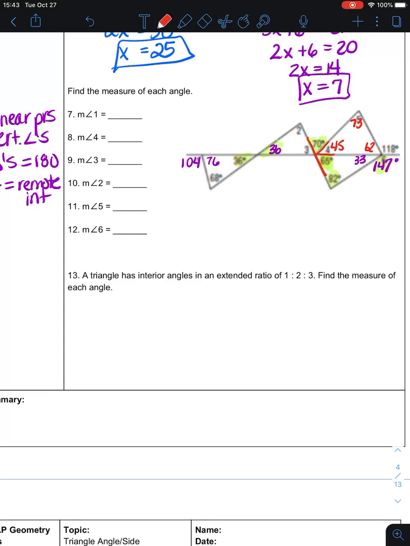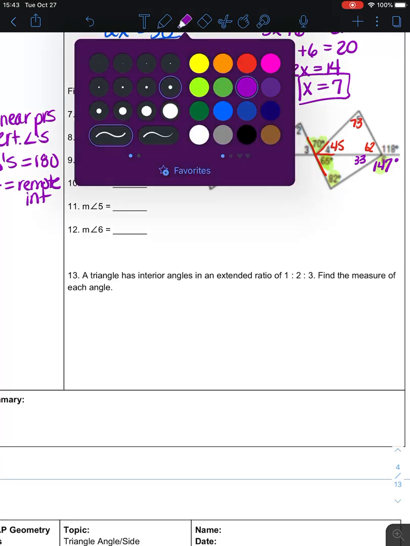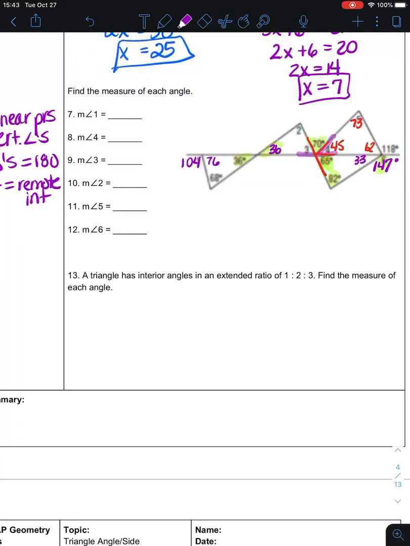So now I still need angles 2 and 3. Notice I didn't find them in order, and that's okay. But again, if I go back to this right here, those three angles form that straight angle. So if I add 70 and 45, subtract that from 180, I find out that angle 3 is 65.